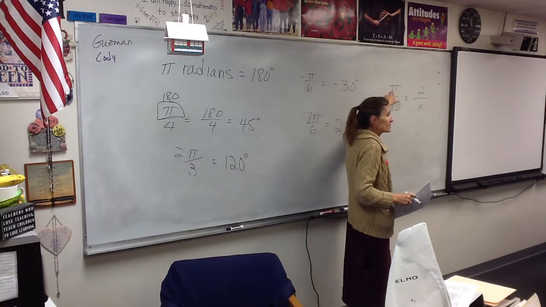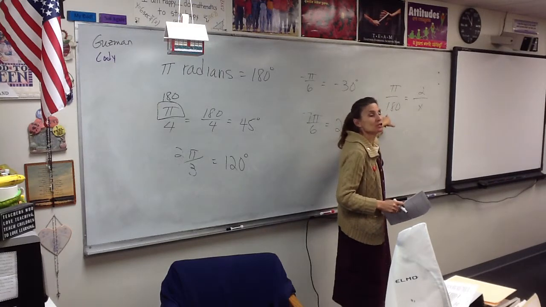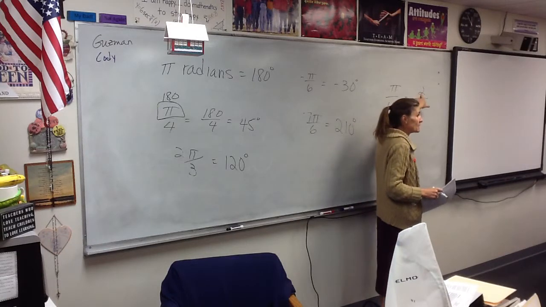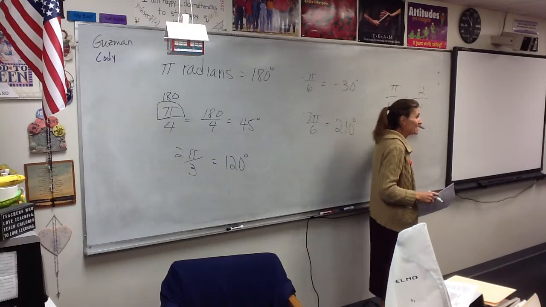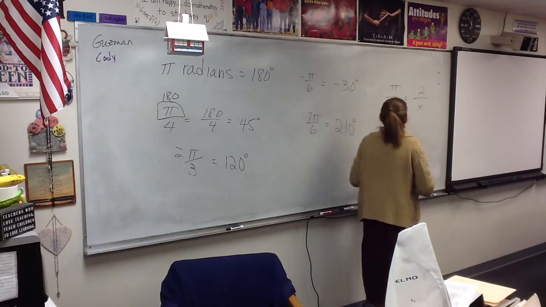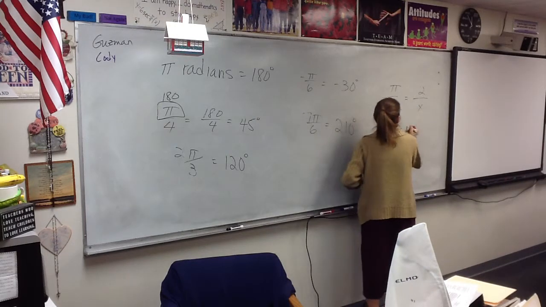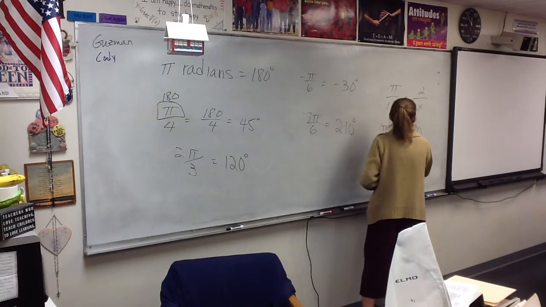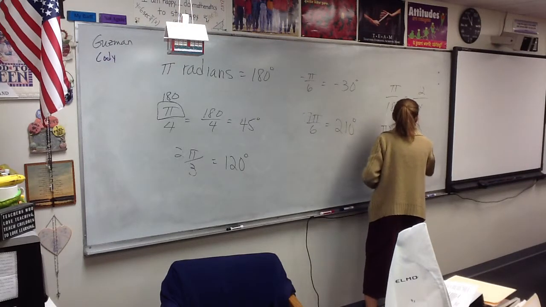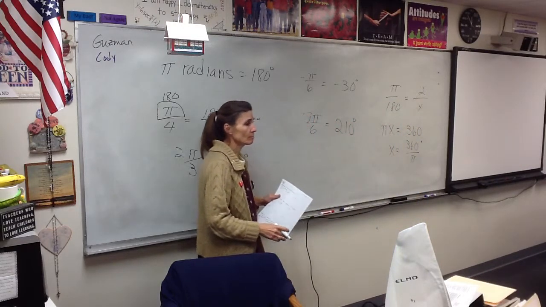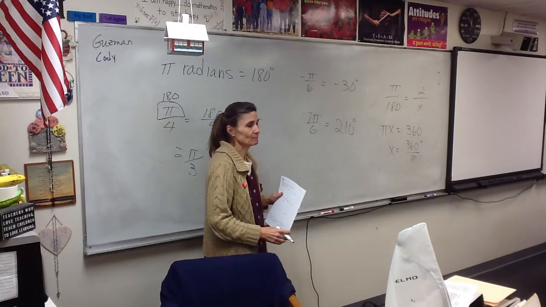Pi radians is 180 degrees. 2 radians is how many degrees? So pi x equals 360, and x equals 360 divided by pi degrees. That's the answer.